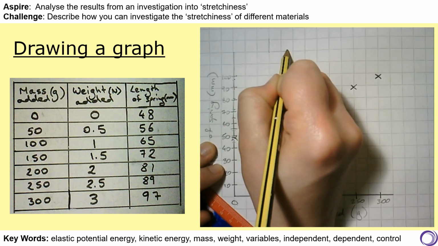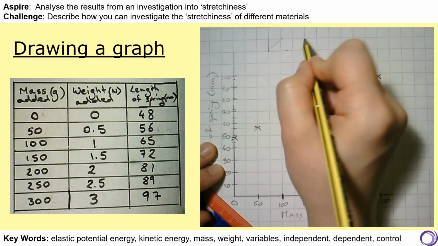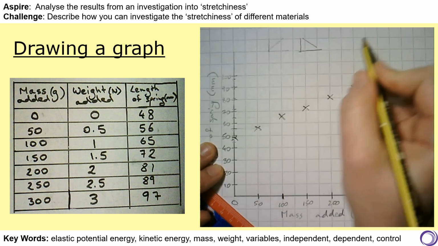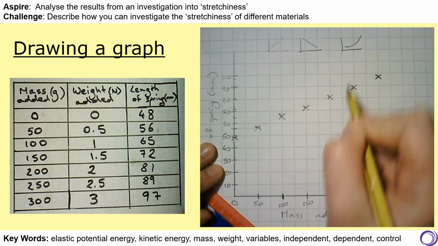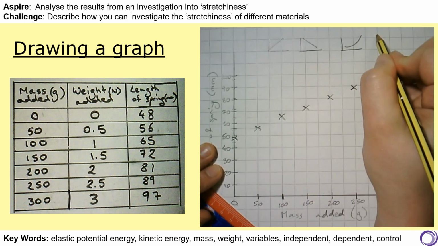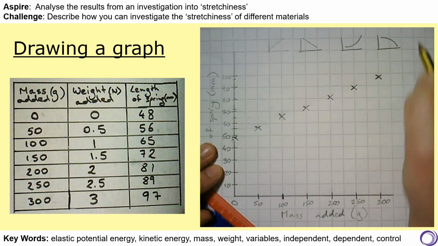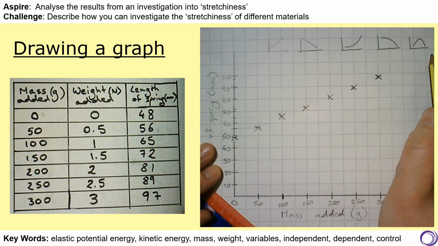But in science, you could either have a straight line, so it could be a straight line going up, or it could be a straight line going down, or we could have a curve. Okay, so there are lots of different types of curves that we could have, for example, like that, or you could have a curve going down like that, or sometimes we might even have a bit of an arc like that. Okay, so you need to decide what type of line of best fit you have.